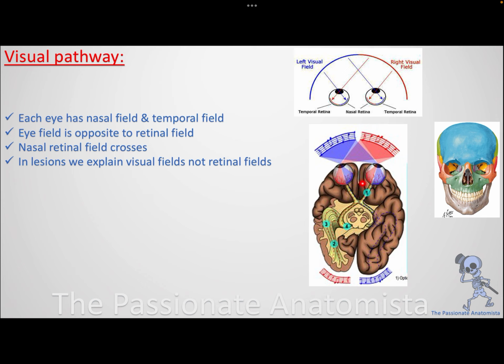The only thing I want you to remember about the retinal fields is that the one that crosses is the nasal retinal field, which is the temporal visual field.